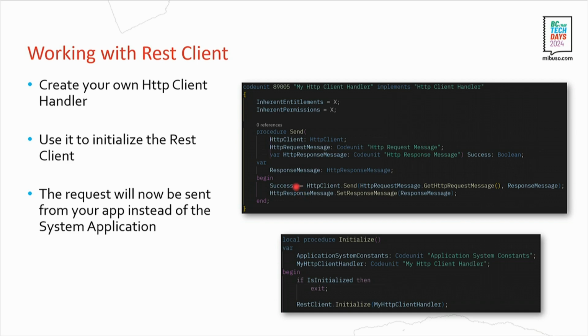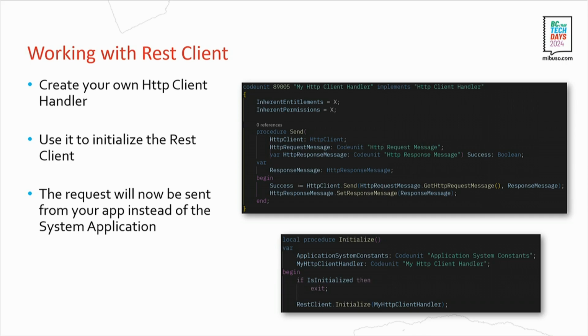And it only needs to have 2 lines of code. HTTP client.send, returning the response message, and then pass that response message into the code unit. This is all you need. But now it is your code that is performing the HTTP client.send. Your code.